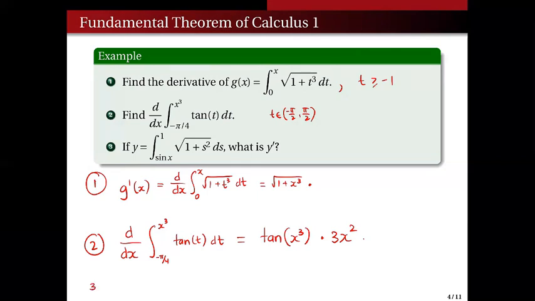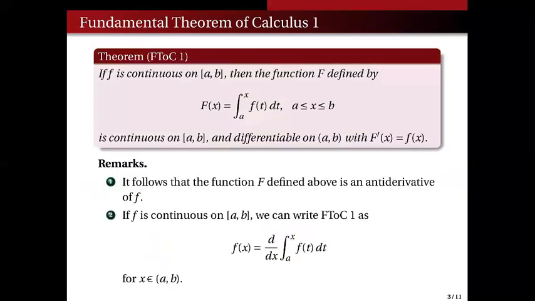Lastly, we have this y. It's the integral from sine x to 1 of square root of 1 plus s squared ds. Now look at this. The upper limit of integration is just 1, and the lower limit of integration is sine x. But according to the theorem, the x must be the upper limit of integration, and the constant, the fixed number, must be the lower limit.